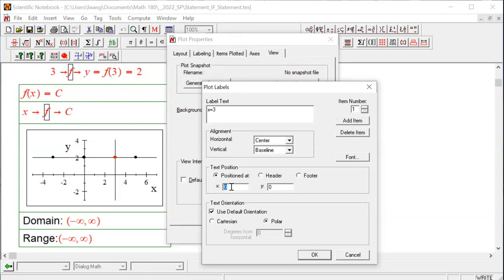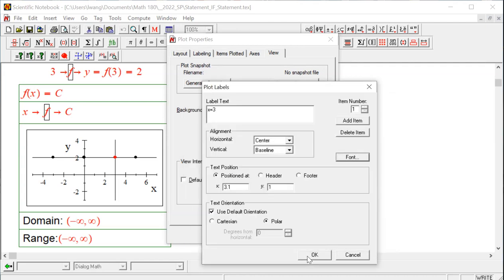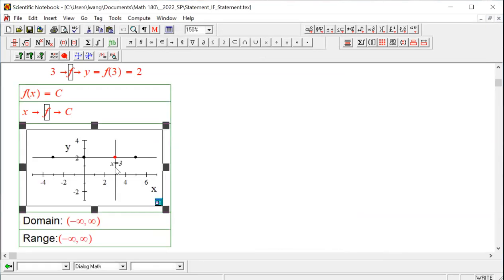So now I'm drawing this vertical line, x equals 3. Input is 3, which means x equals 3.